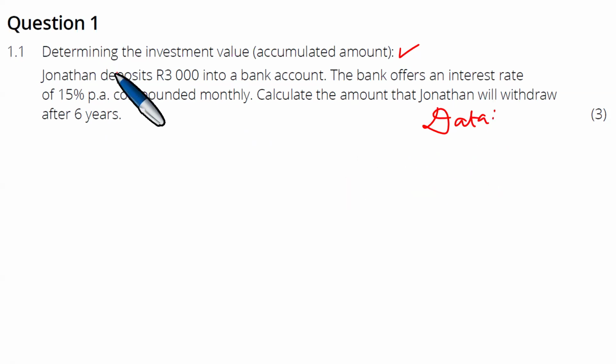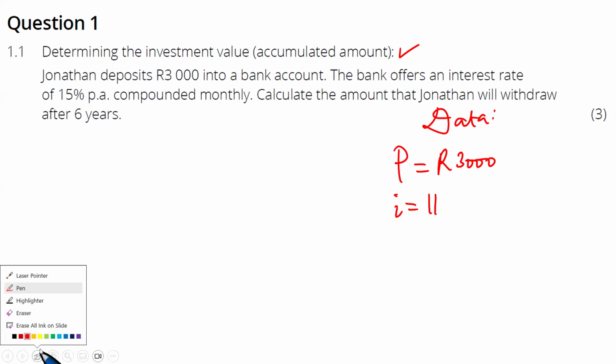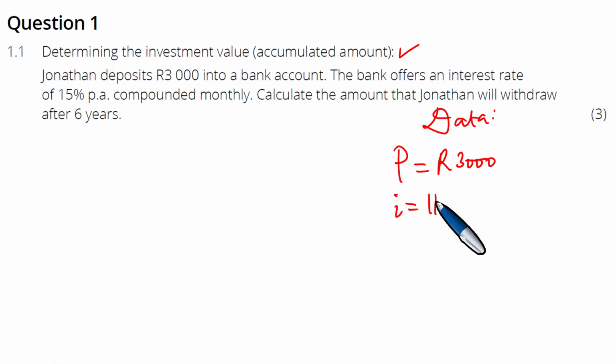First things first, determining the investment value. Jonathan deposits 3,000 to a bank account, so there is a present value or the principal, exactly 3,000. The bank offers an interest rate of 15% per annum, but it's compounded monthly.